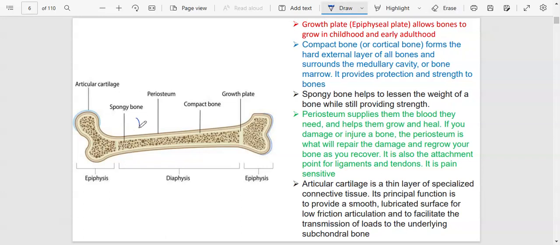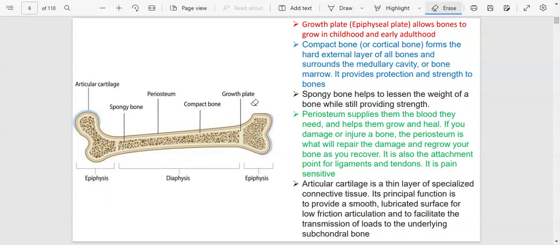So it looks more like a sponge. That's the cancellous bone or the spongy bone, the inside of that bone. We also have the periosteum, which is the outside of the bone, that hard part. We also have the compact bone, which is more on the inside of the periosteum, right?